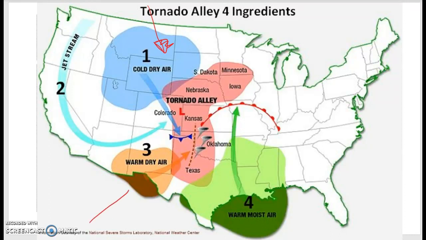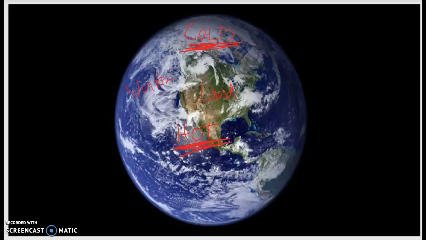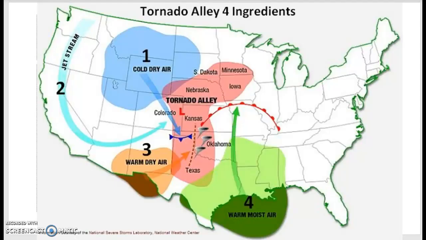We get warm, dry air that comes from over Mexico. But then we can also get humid air that comes from the Gulf. And we can also get cool, moist air that comes from the Great Lakes. So just like we talked about on that previous slide, if you get any combination of those two, you make it much more likely to get a thunderstorm and much more likely for it to create a tornado.